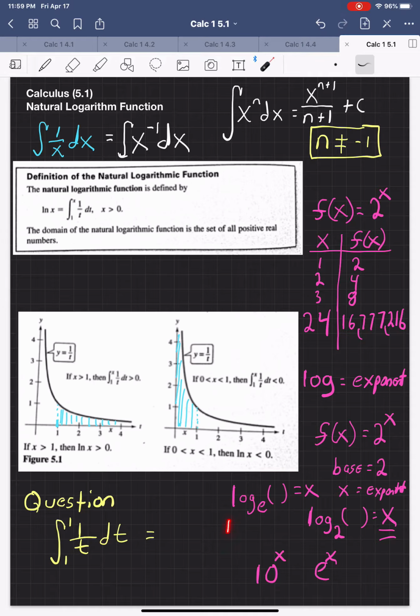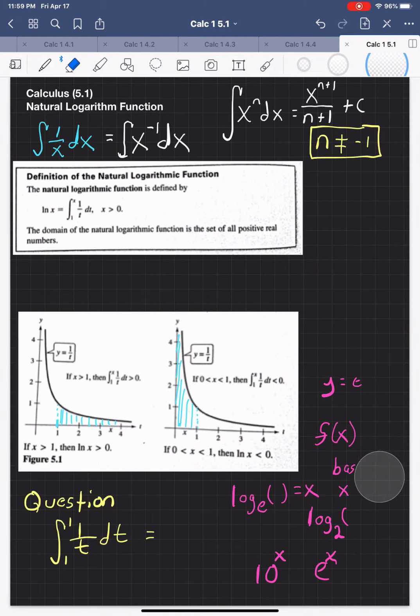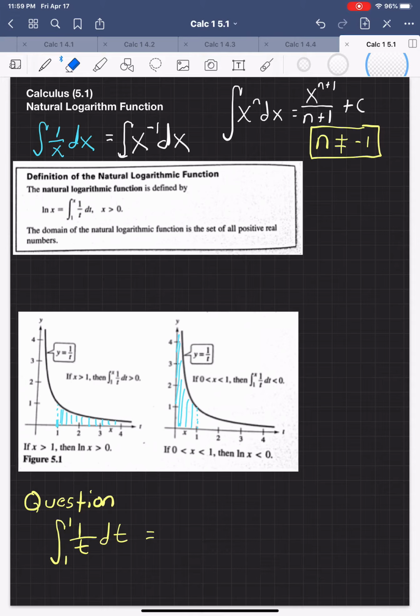You have a log button on your calculator that you can use for all bases you would like, but you also have this ln button, and that's just this one particular log that has a base of e, okay? So what is an ln? An ln is a logarithm with a special base, a base that we call e. All right, now that's a little bit of preliminaries out of the way.